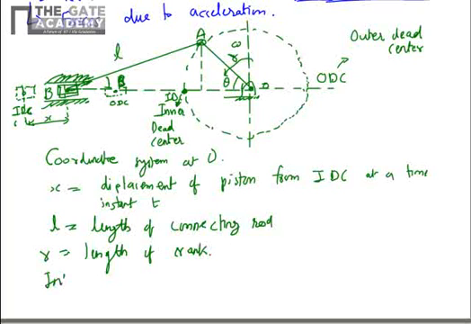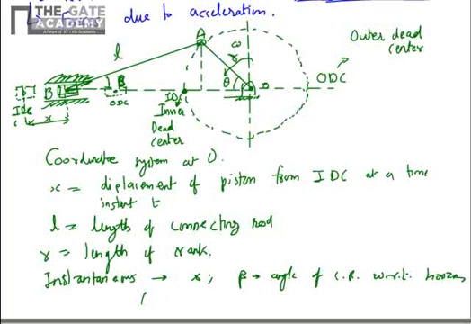The instantaneous properties that will change with time are x, displacement of piston, beta, angle of connecting rod with respect to horizontal, and theta, angle of crank with respect to horizontal. These are the geometrical parameters.